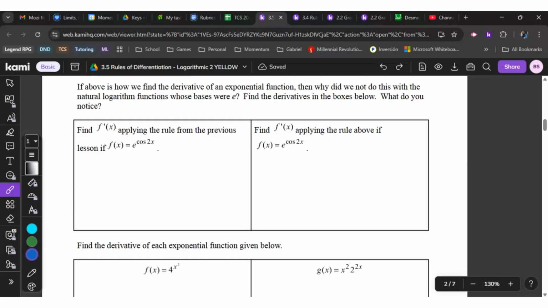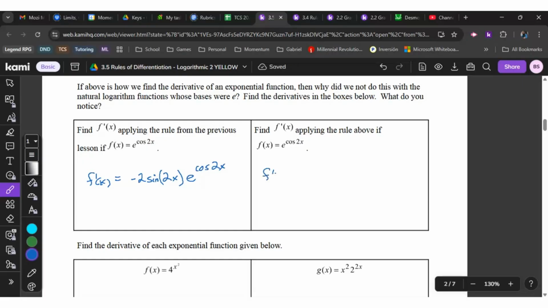All right, so let's actually try and apply it and see that it's really not all that bad. Okay, so we're going to use this one and apply it from the previous lesson, right? So what did we learn? That the derivative of this was simply going to be the derivative of the exponent, which in our case is negative 2 sine 2x, times e to the cosine of 2x. Do we agree? Excellent.